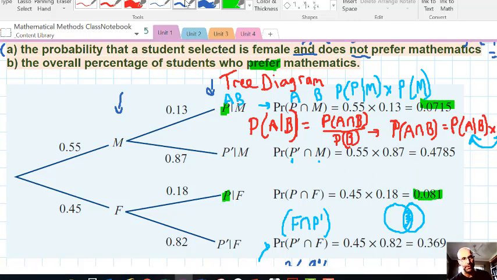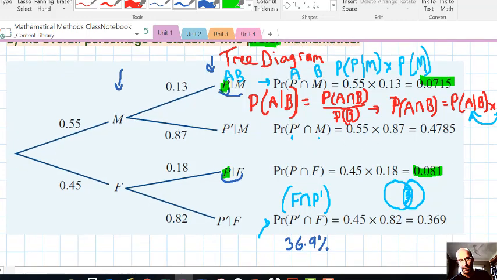So we need to translate again from the real world text to the world of mathematics. So the overall percentage of students who prefer mathematics are these ones and those ones. So we need to add them. It's the union of both. So we need to write that down then.